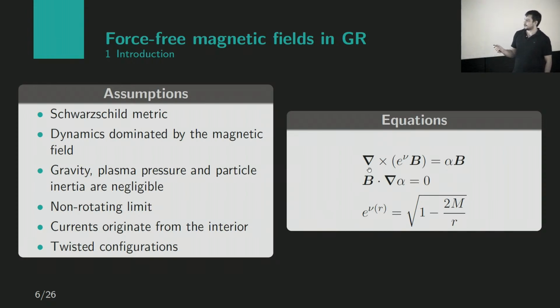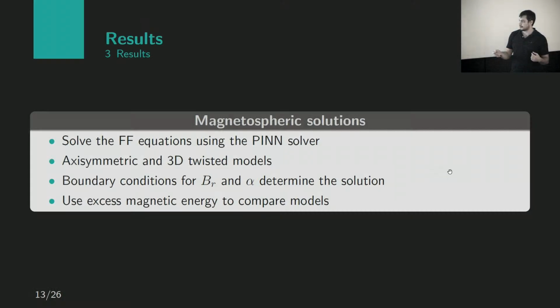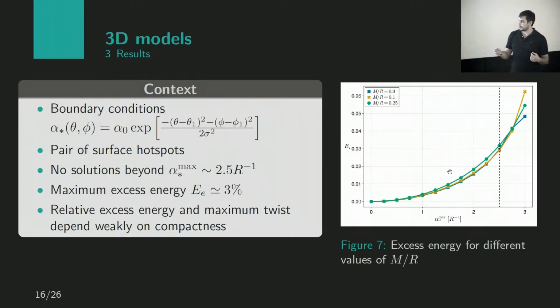So we solve this equation here for different values of alpha at the surface, which determines alpha everywhere. For different values of alpha, the magnetosphere would be more or less twisted. Is the twist physical or numerical? No, it's physical.